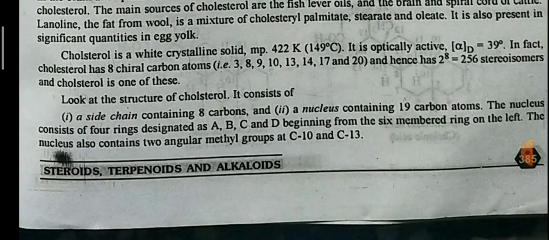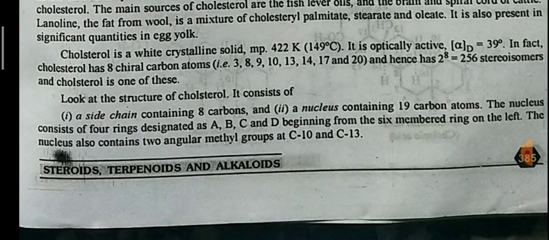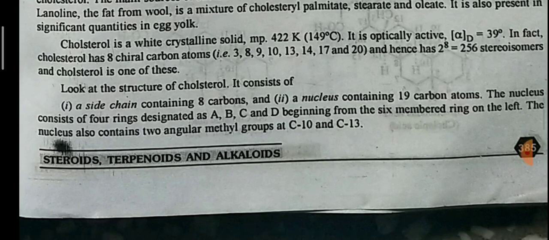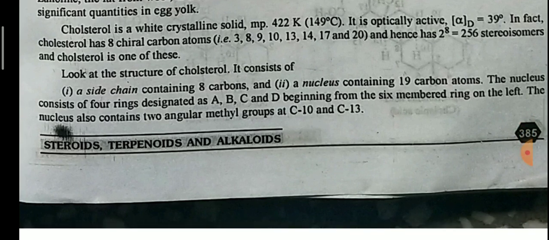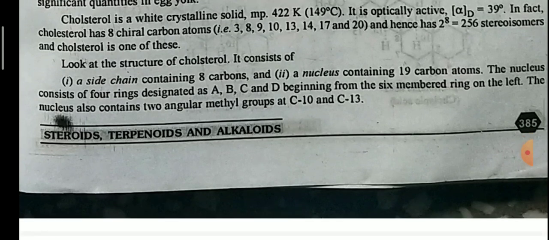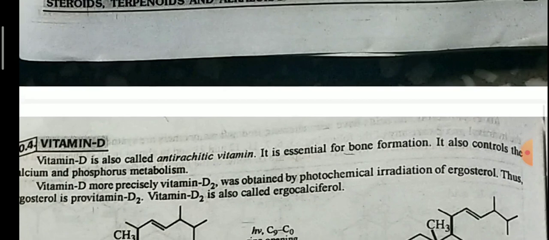Look at the structure of cholesterol. It consists of a side chain containing 8 carbons and a nucleus containing 19 carbon atoms. The nucleus consists of 4 rings designated as A, B, C, and D, beginning from the 6-membered ring on the left. The nucleus also contains 2 angular methyl groups at C10 and C13.